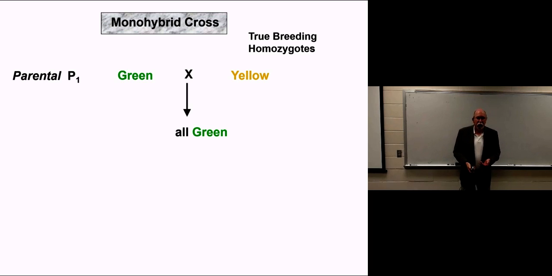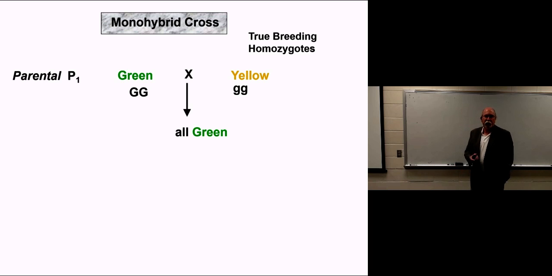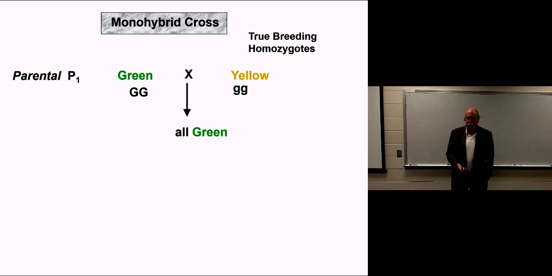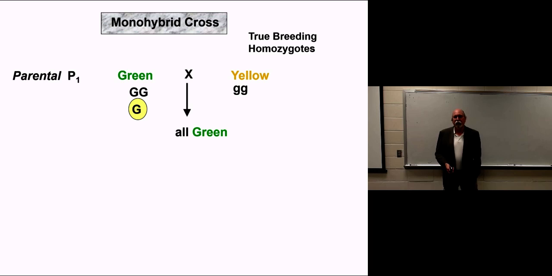If we were to put genotypes to that, we can use any letters we want, but we'll put big G, big G. They're homozygous green, and these guys are homozygous yellow. We could put a little y there if you want to. I don't care, but just put two of the same alleles. So I'll just use little g's. The little dot here indicates the gametes. Homozygotes can only make one type of gamete.